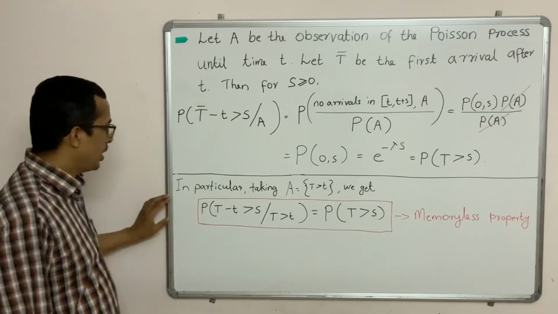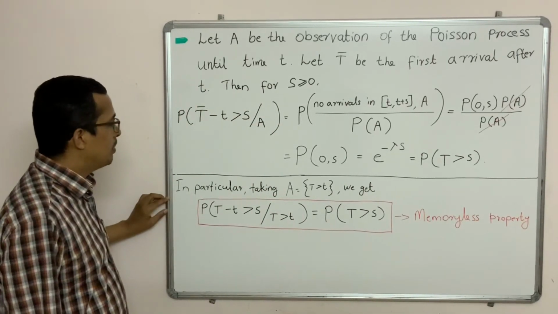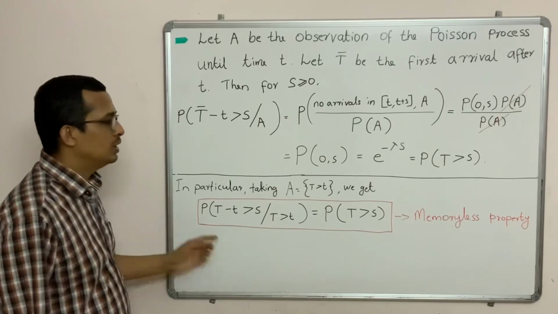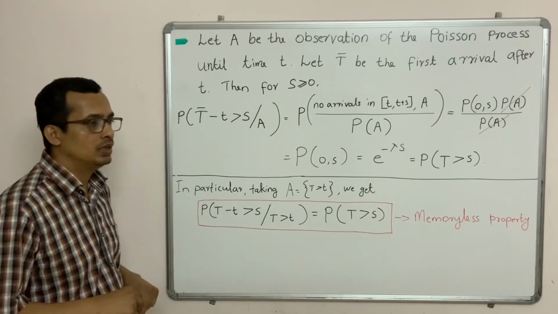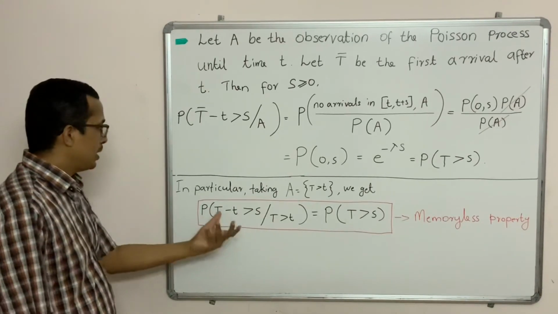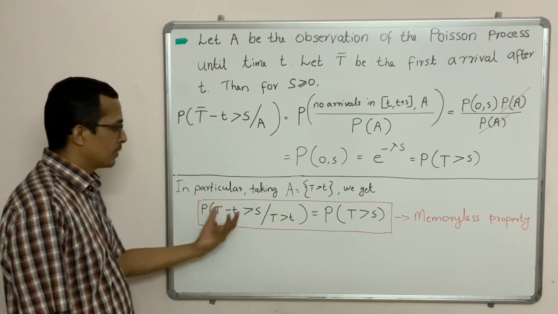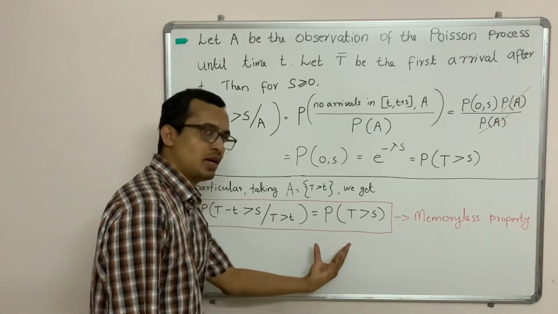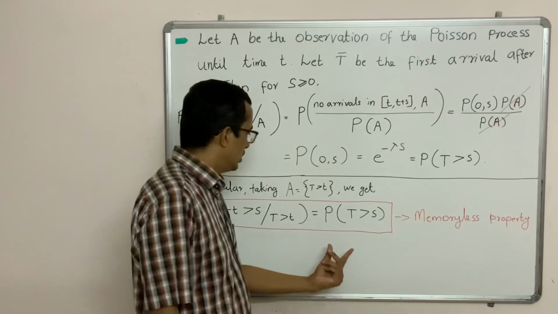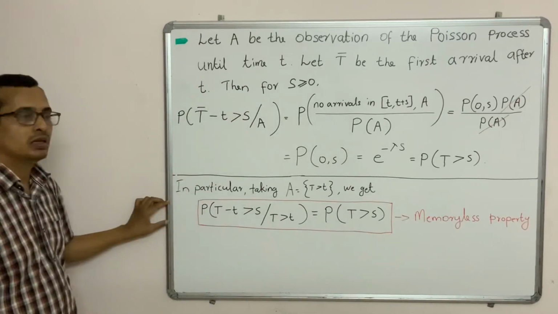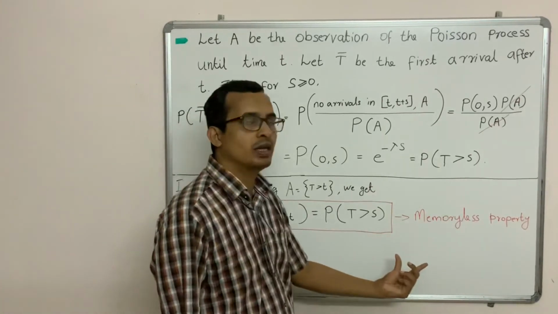So finally the required probability of t bar minus t greater than s is P0s, which is e power minus lambda s. If you want, we can write 1 minus e power minus lambda s and so on. But this shows that this required probability is the same as the probability of T greater than s.